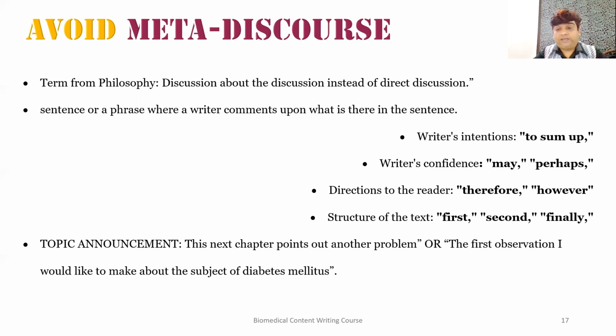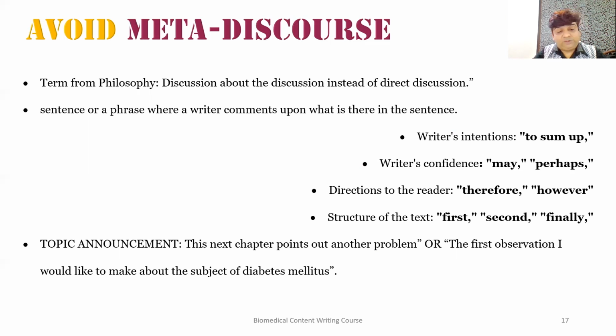For example, the writer says: to sum up, the conclusion, maybe, perhaps, therefore, however, we are going to do this, firstly, secondly, thirdly, finally. You're not saying what you want to say, but saying that you're going to say it. So avoid that kind of metadiscourse when you're writing.